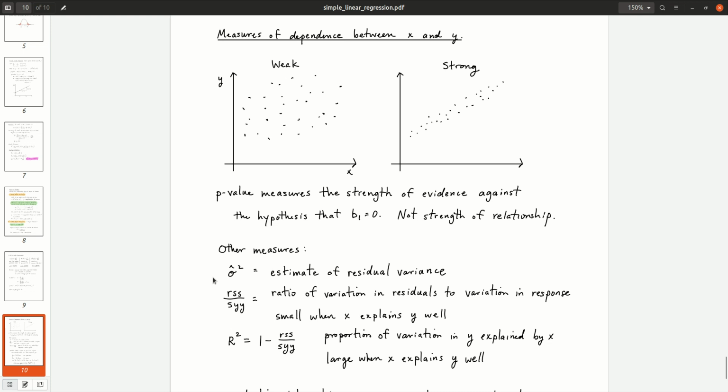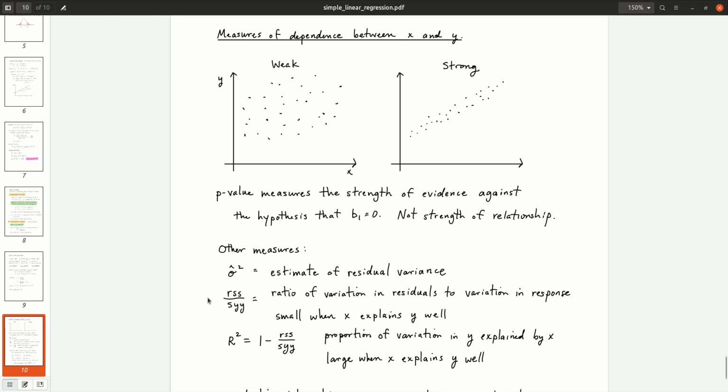That would tell us that the deviation doesn't decrease very much if you use the best fit line versus just a horizontal line. Whereas in this case, it's going to decrease a lot. So this thing will have small deviations around the best fit line, but bigger deviations around the best horizontal fit line. So this could be used to measure how strong the relationship is.